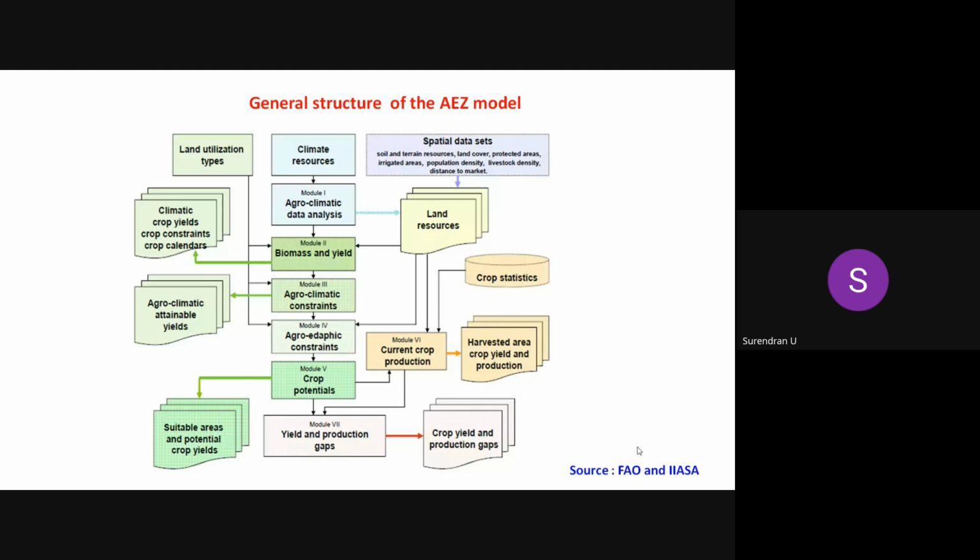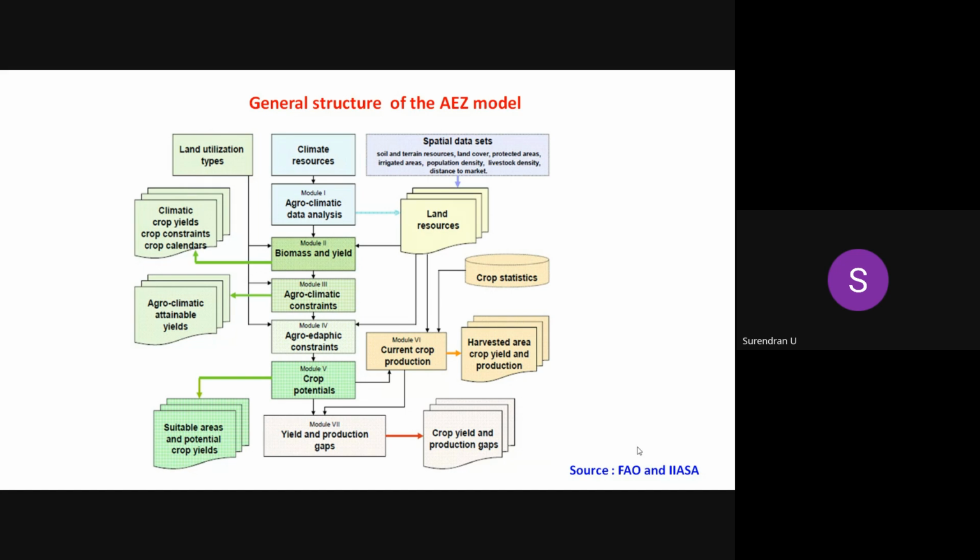And the fifth module is the production potential of each crop. Once a variety is developed, it has its own potential. If everything is good, for example soil, climate, and other environmental covariates are fine, then what is its ability to produce? That is called the production potential, or potential crop yield. This module calculates all these things, and with the constraints, what is the actual yield we are getting and what is the potential yield. This gives you the yield gap.